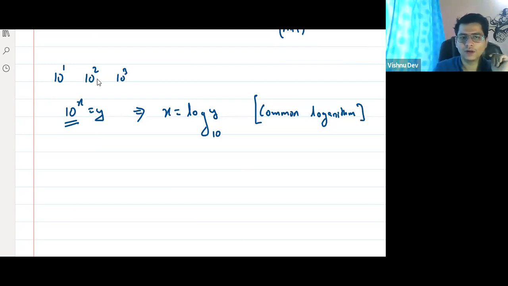Now, my question is why we need to discover this log. How is it used, where is it used? Suppose you are a scientist or an engineer and you want to do something. Can you find any practical use of this?